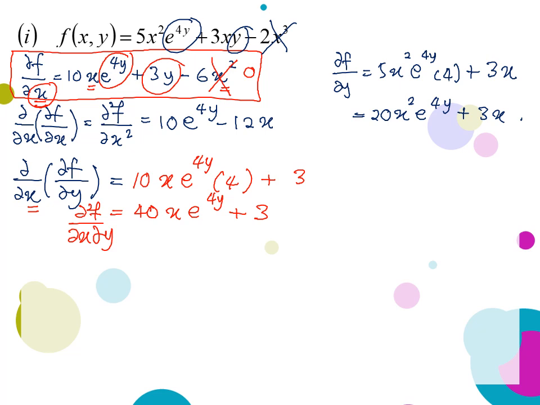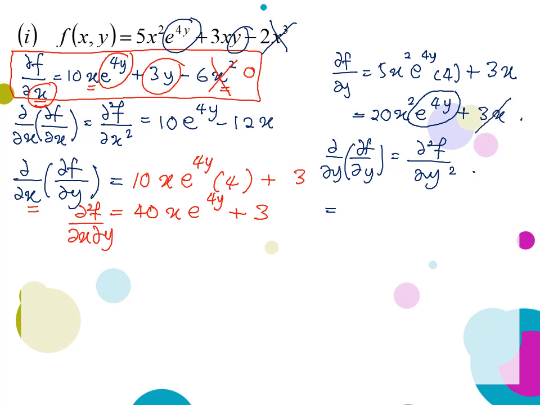Okay, now you will differentiate this first order once again with the same variable, so that you will get del squared f over del y squared, where you are still interested in variable y. You don't have y here, so that will become a constant.